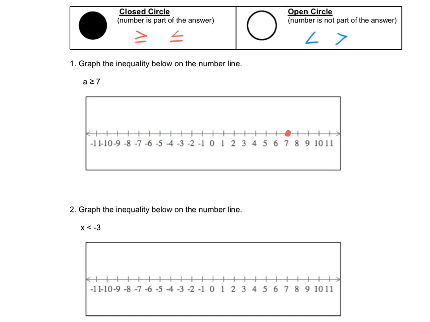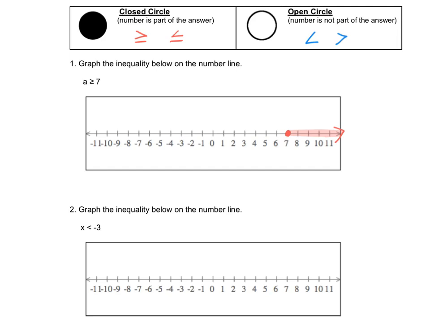Then I'm just going to shade in the direction that it is going. Greater than is any number bigger than 7, and since it's pointing to the right, I'm going to make my arrow go to the right. And then you're done. So when you graph, you either do a closed or an open dot based on the inequality, and then you shade in the direction that it is pointing.